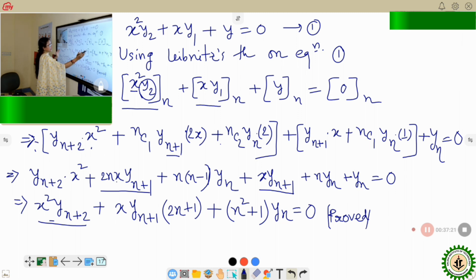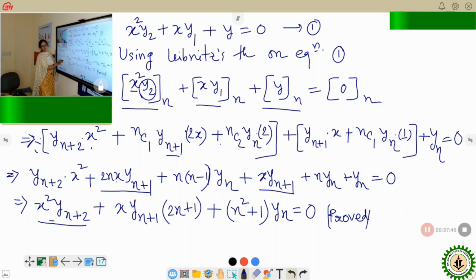So here it is the end of the first term. Similarly, for the second term, we will get y(n+1) into x, that is un v, plus nC1 u(n-1) v1. u(n-1) will be yn and v1 will be 1. And for the last term, yn will be there, equals 0.